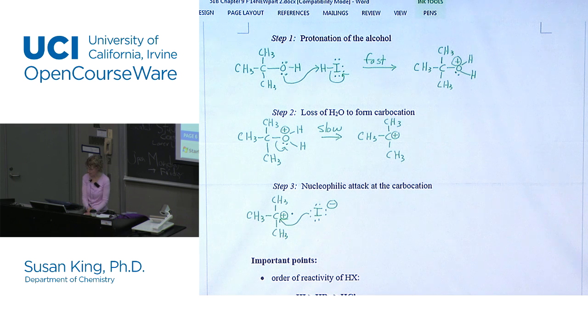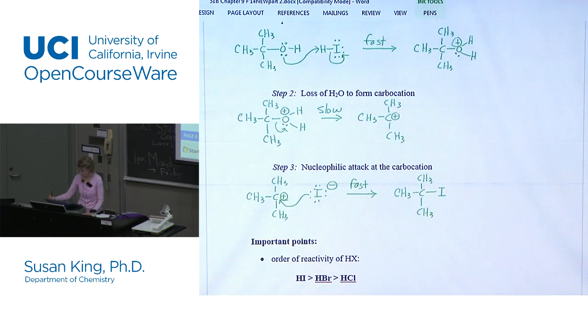So it's going to come and attack the carbocation. This is also a fast reaction. So that's the mechanism that we're going to see when we have a secondary or tertiary alcohol.